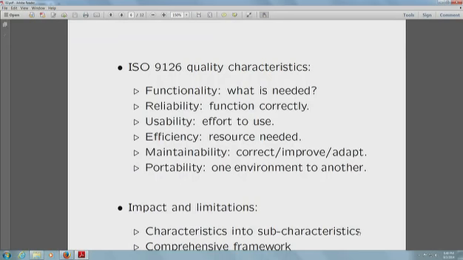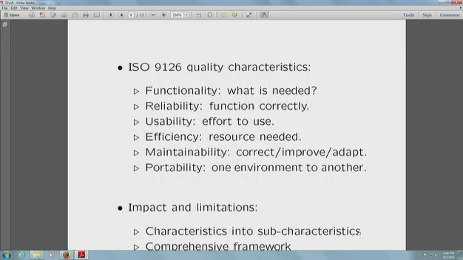Okay, they have a hierarchy of characteristics. On the top level, they had 6 characteristics of quality: functionality, reliability, usability, efficiency, maintainability, and portability. Actually, if you look at it closely, some of them are related to each other. For example, maintainability and portability are very closely related.